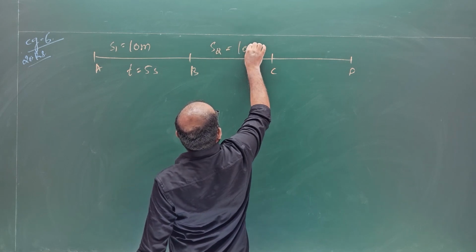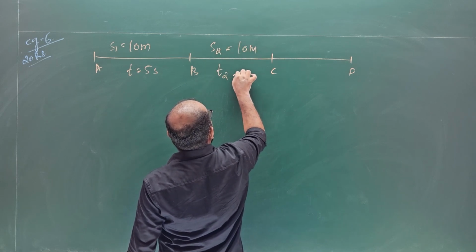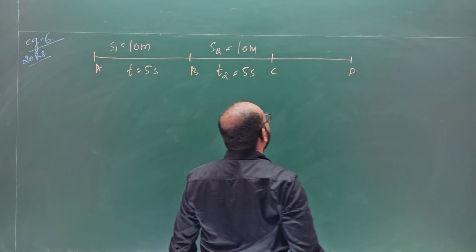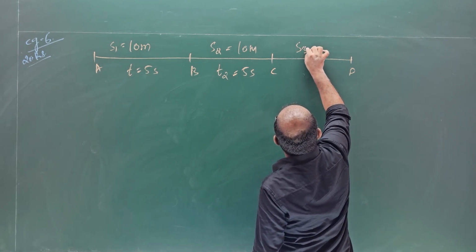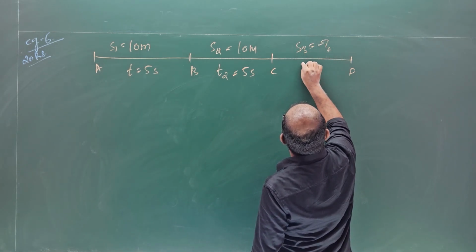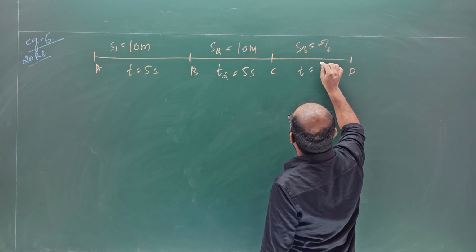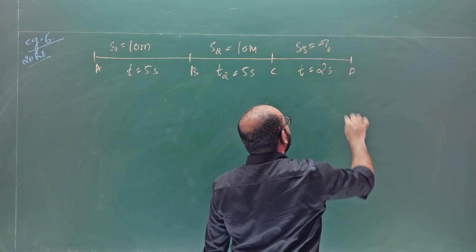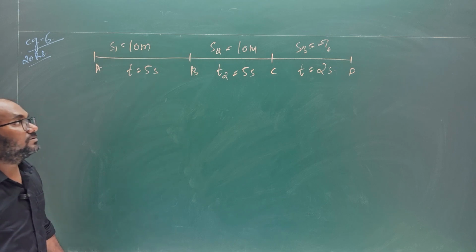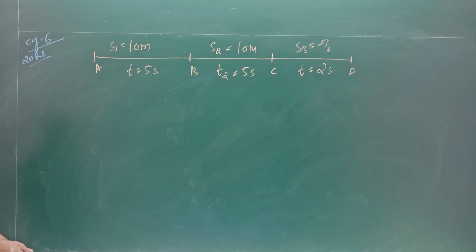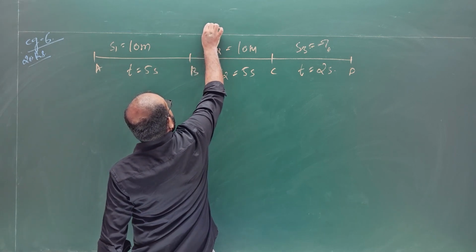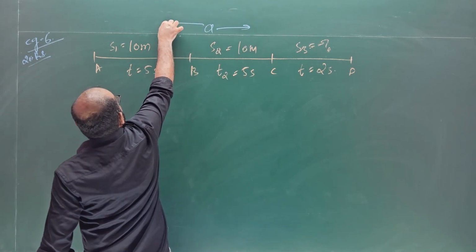Now the body traveled 10 meter again in T2 equal to 5 seconds. We need to calculate S3 for a time period of 2 seconds. How much did the body travel in last 2 seconds? Now, acceleration is constant, so A is constant throughout this.